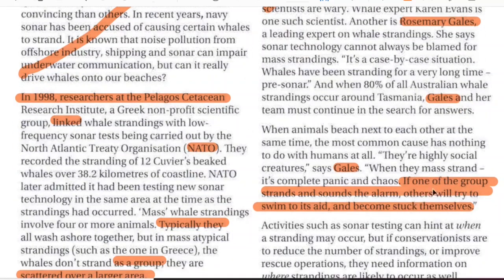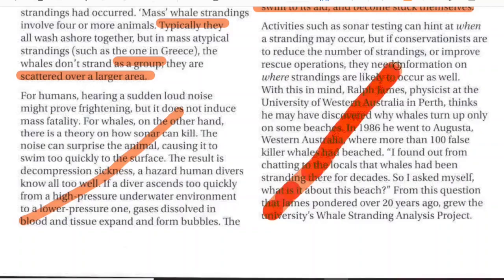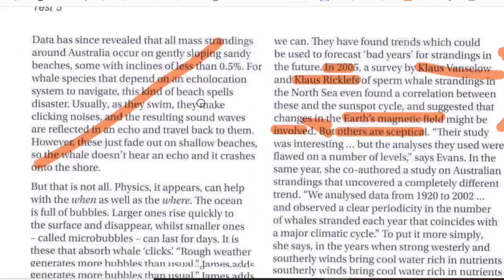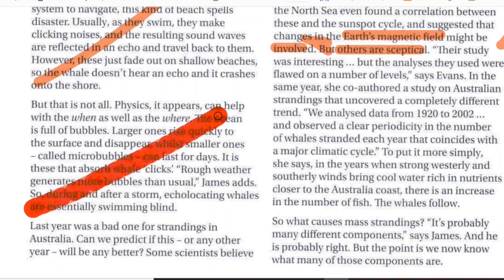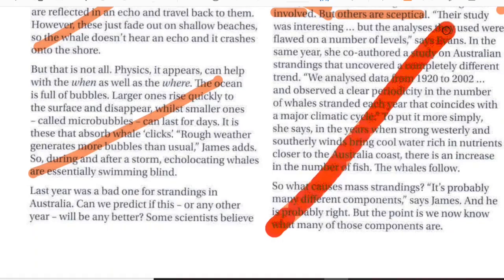And read this part to find another answer. And we skipped this whole paragraph. And this one. And this. And the last section of the passage.